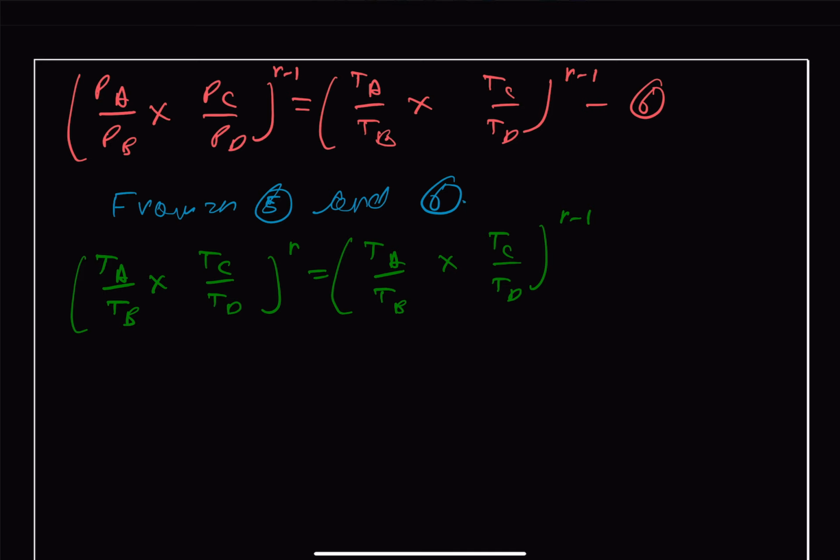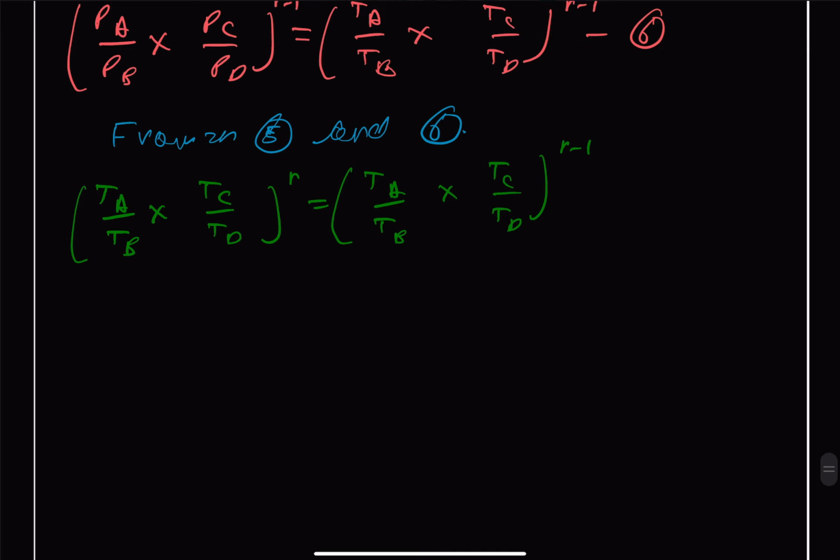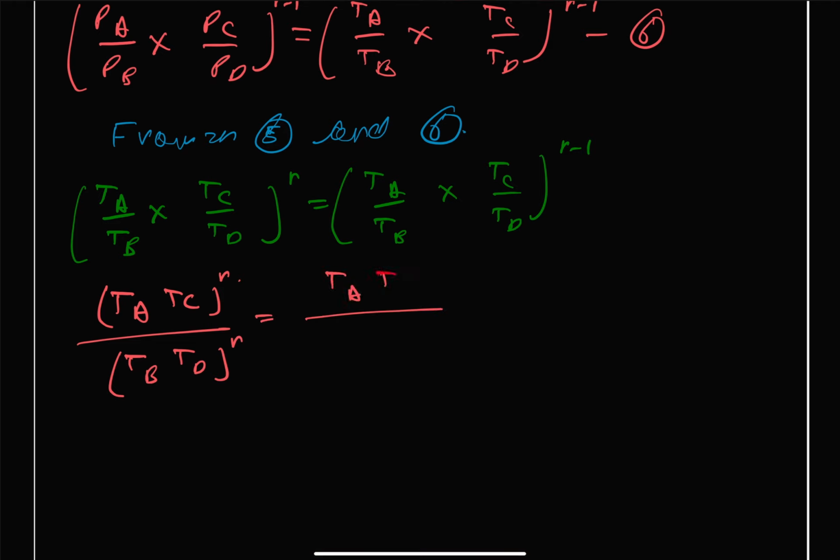We can just modify it, and this can be written as TA TC whole raised to power gamma, TB TD whole raised to power gamma is equal to TA TC to gamma minus 1 and TB TD to gamma minus 1.